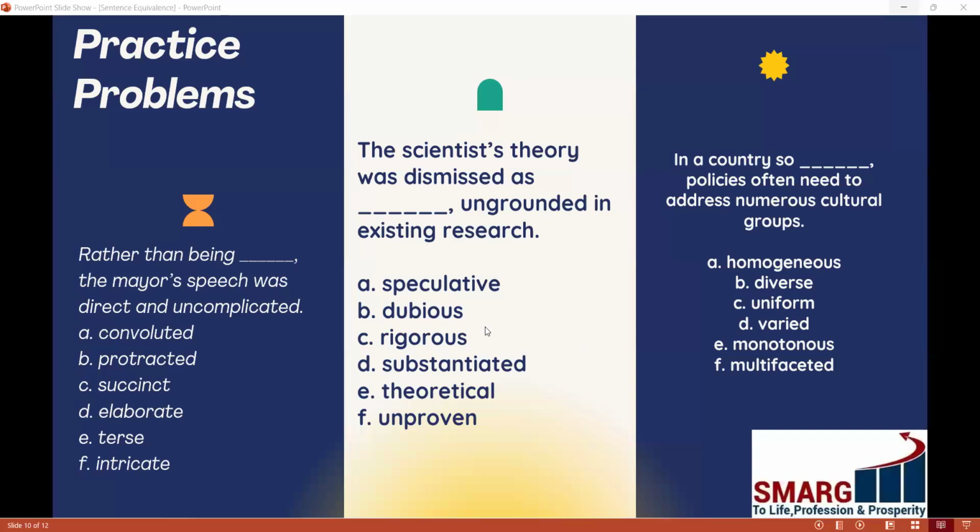We're only getting 2 minutes to do this. Yes, this is more of a speed test. You either know the meanings or you do not know. Try to solve it like you would do it in your exam.